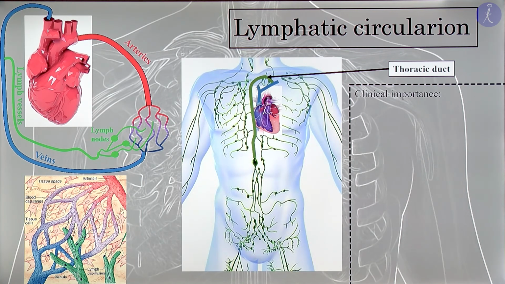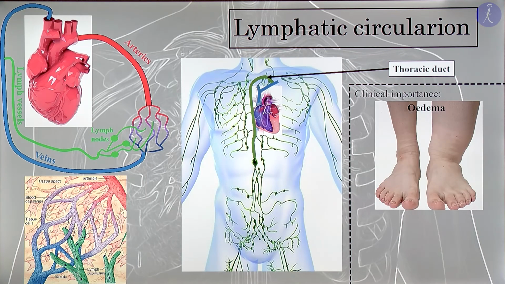Some clinical importance also here. First of all, the edema as an everyday life happening. This is what I tried to explain you, that we lose fluid here on the level of capillaries, and if we have any problem with the lymph capillaries or any problem with their fluid content, the fluid remains in the interstitial spaces, and that will create a larger volume of the limbs.